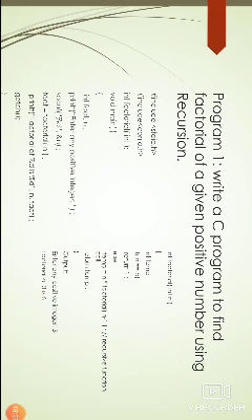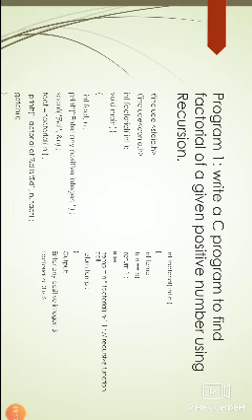The condition is if n == 0; here 3 == 0, so the condition is false. Then the compiler goes to the else block.